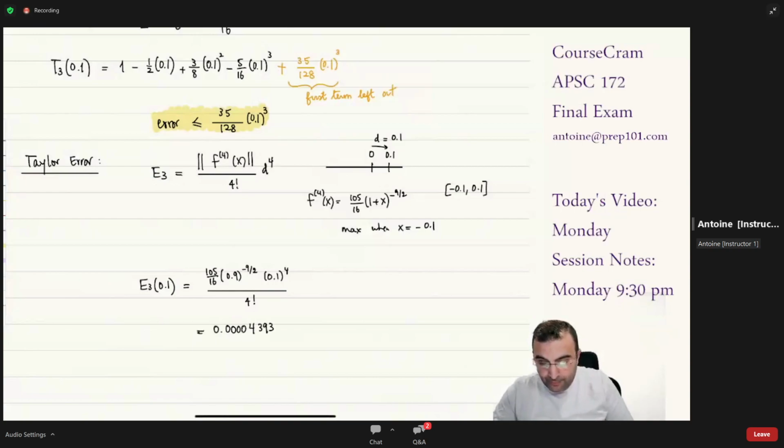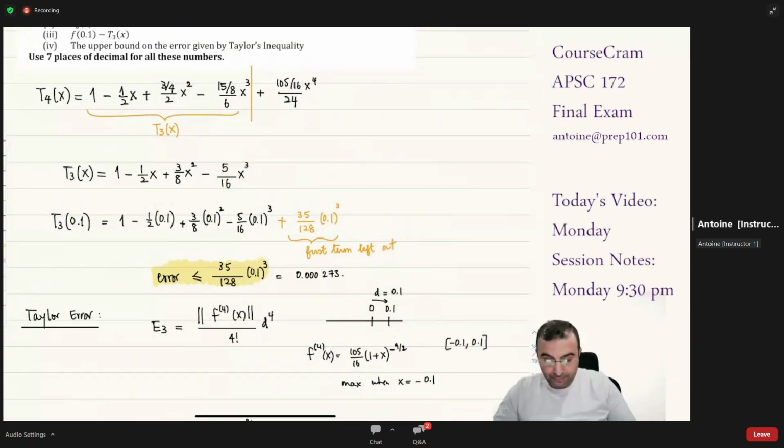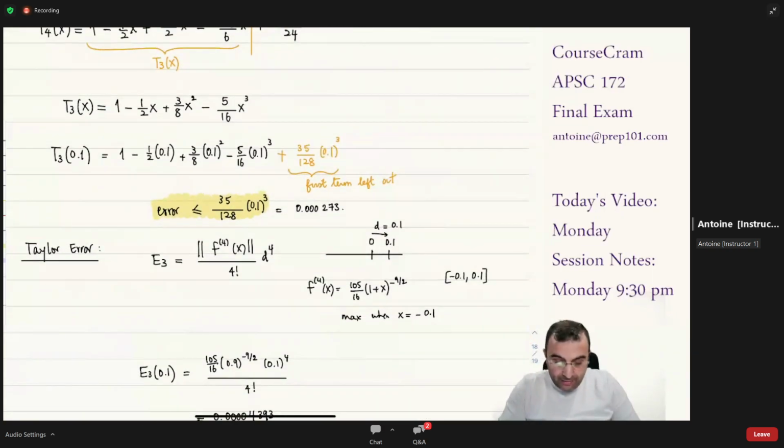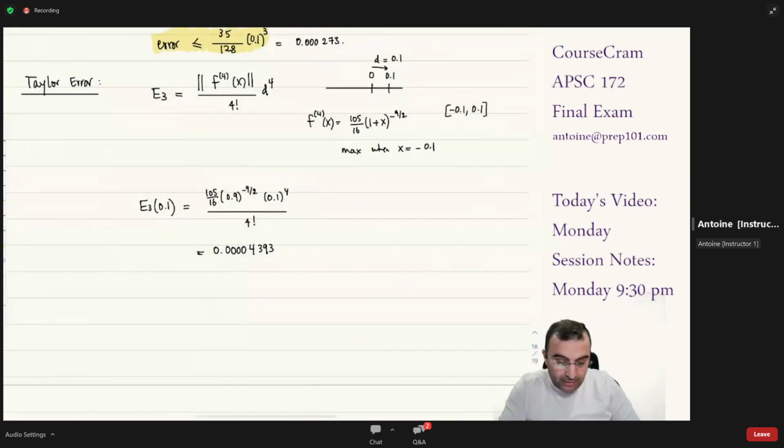If you want to calculate this, it is 35 divided by 128 times 0.1 to the power 3, and that is 0.000273. Of course, those are two separate errors. And that's how we calculate the alternating series error, and that's how we calculate the Taylor error.